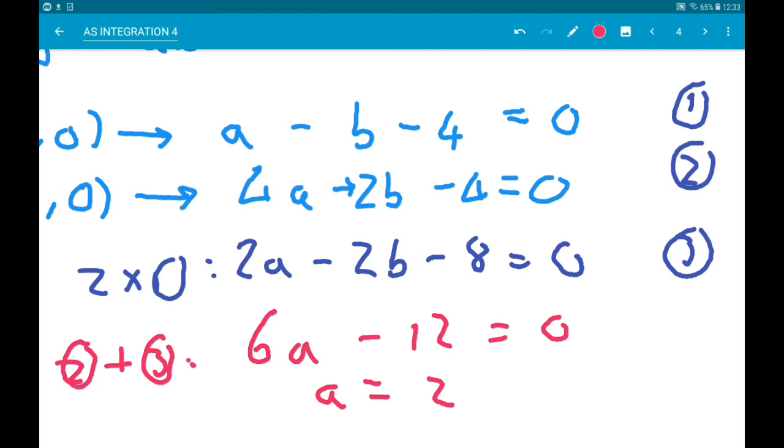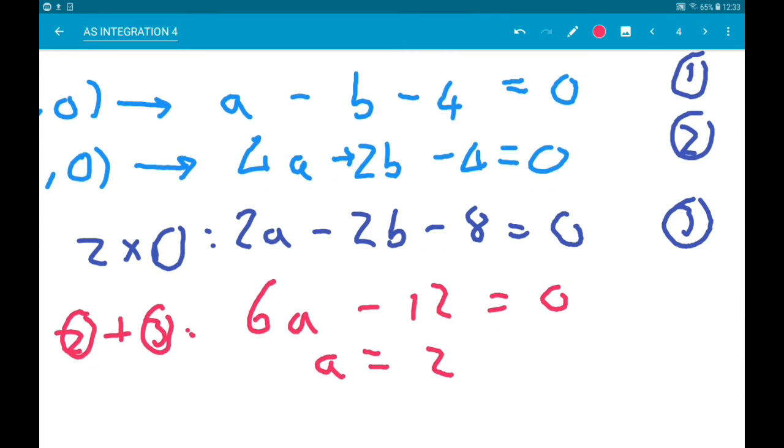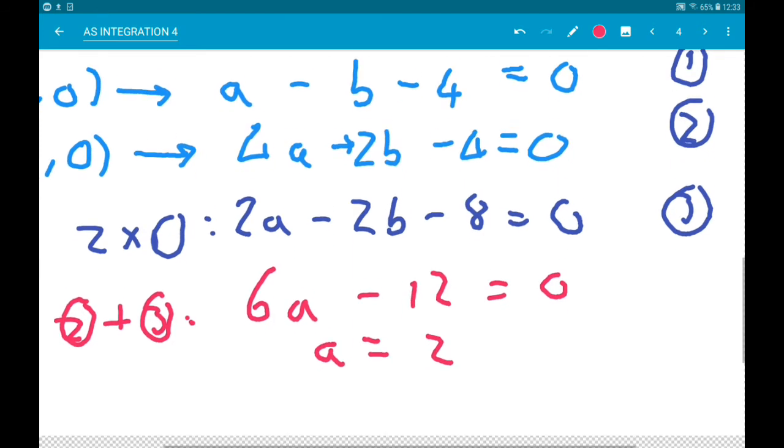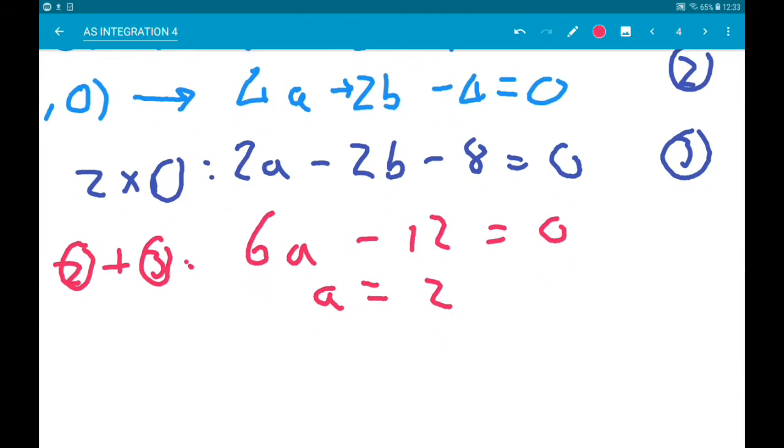From that we can plug that in. So I'm going to put it in the top equation. So we would then have 2 minus b minus 4 is equal to 0. So that's minus 2 minus b is 0. So b is minus 2.